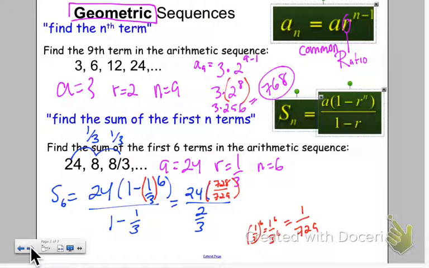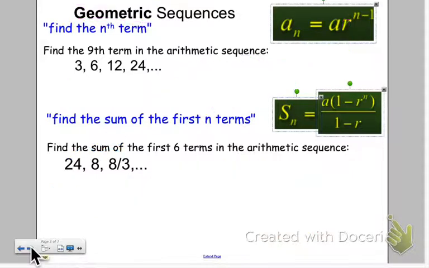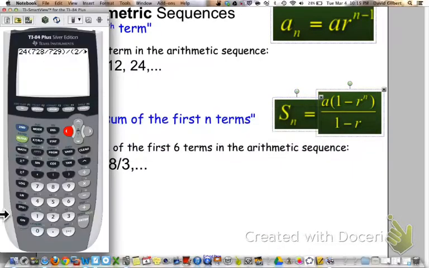And now I'm going to plug this into my calculator and put that in parentheses over 2/3. That finishes that. Enter.